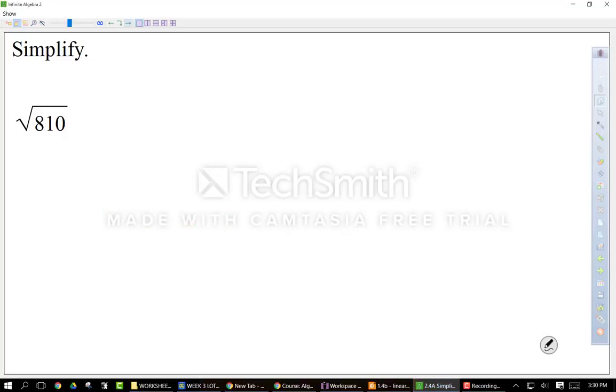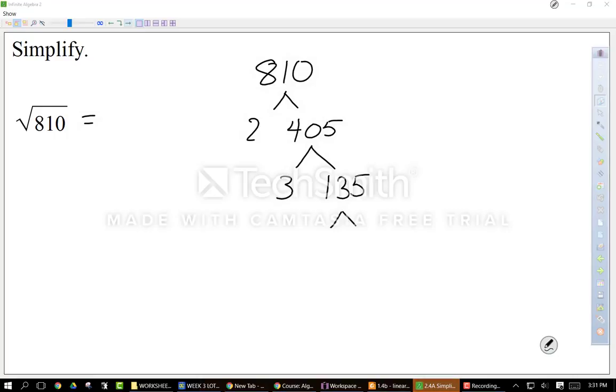This is the last problem we will do on this particular video. So 810, I got to prime factor it. 810. 2 times 405. 3 times 135. 2 is prime here. The 3 is now prime there. This is now a 3 times 45.